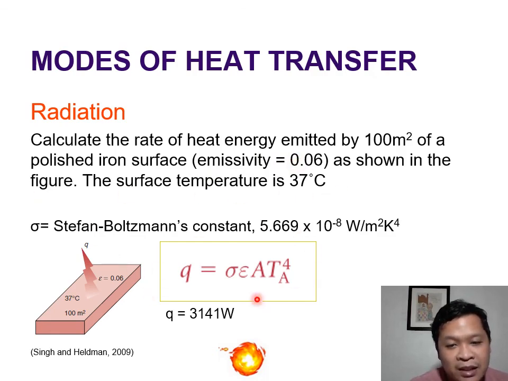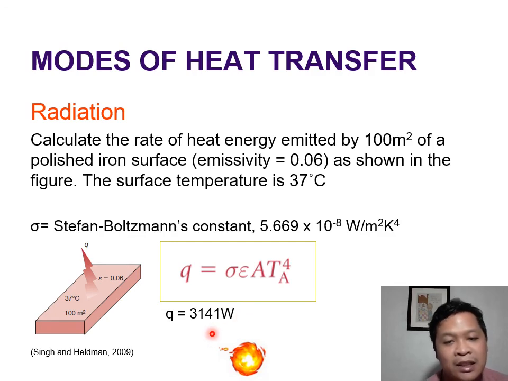So in this case, it's a simple, again, plug and play solution, as you would like to call it. The area is given at 100 square meters, the emissivity is given. Only thing we need to do is convert the temperature to Kelvin by adding 273 and then raising it to 4. Okay, so after that, you can calculate for the value of your heat transfer rate, which is 3000 watts.